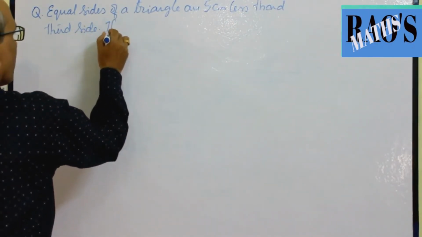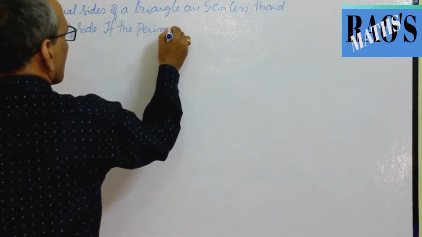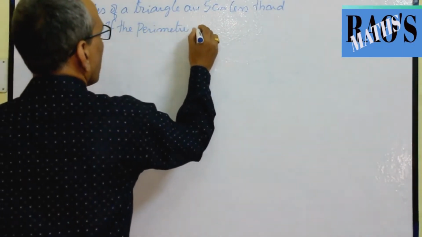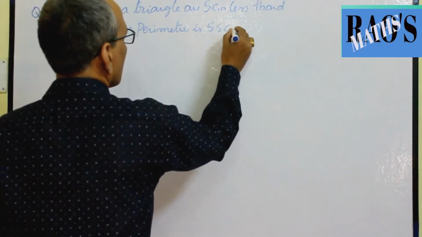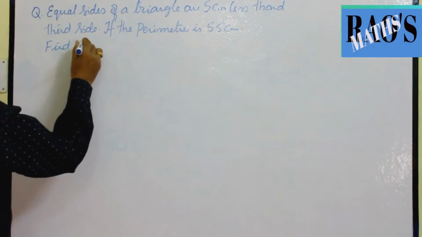If the perimeter is 55 centimeter, find its sides.